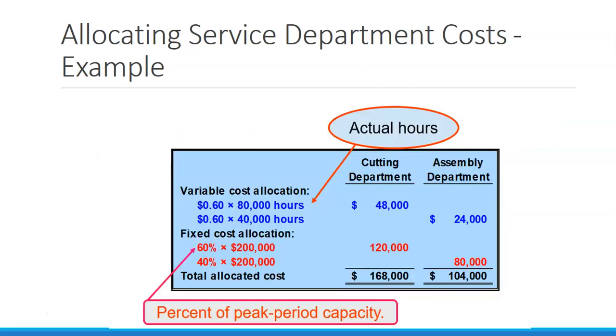When we do that allocation, we're going to use the actual hours of usage, so 60 cents per hour based on actual usage, and then the fixed cost allocation based on our percent of peak period capacity. The fixed costs were 200,000. Therefore, of those costs from the maintenance department, we've allocated 168,000 to the cutting department and 104,000 to the assembly department.